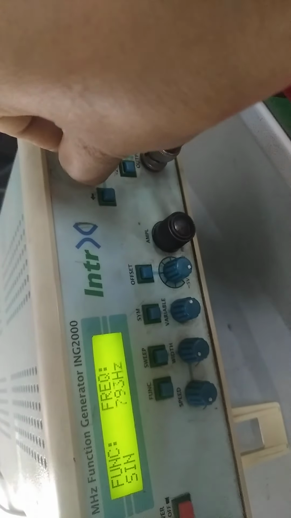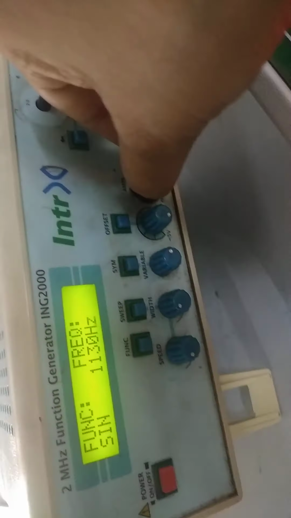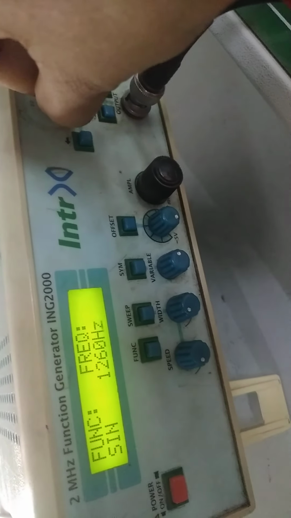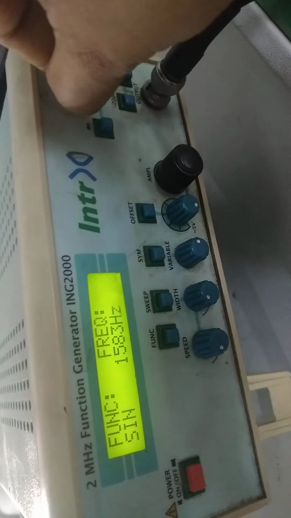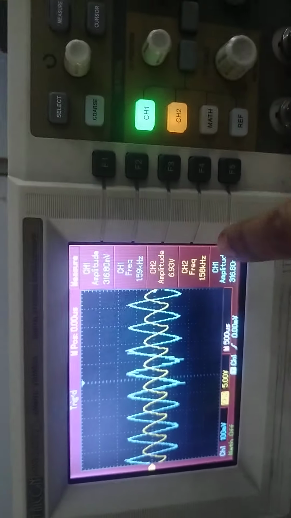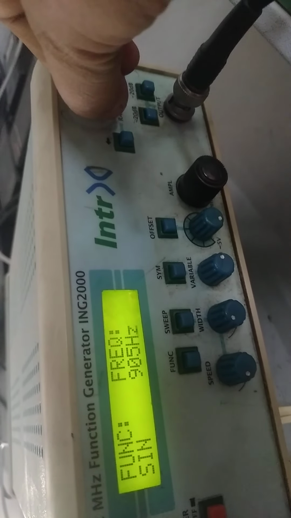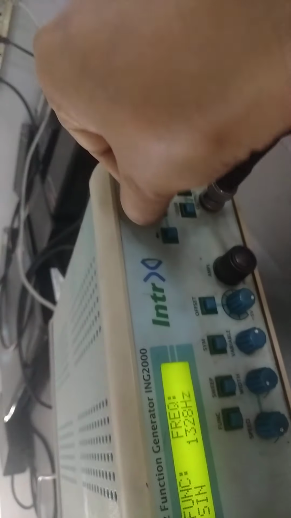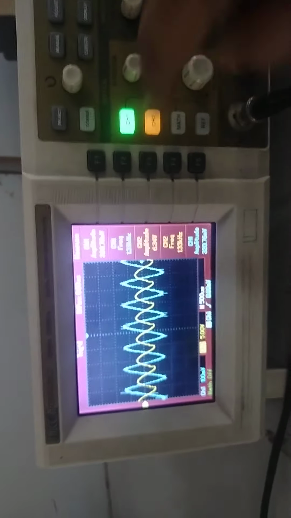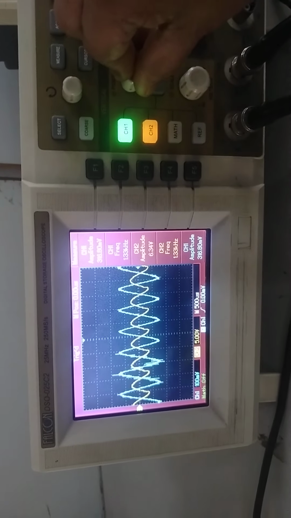Here the procedure is to fix the amplitude of the input signal and only vary the frequency of the signal from the function generator. You have to adjust the frequency from 900 like this. By using this knob we adjust the frequency, and the corresponding frequencies change in channel 1 frequency.